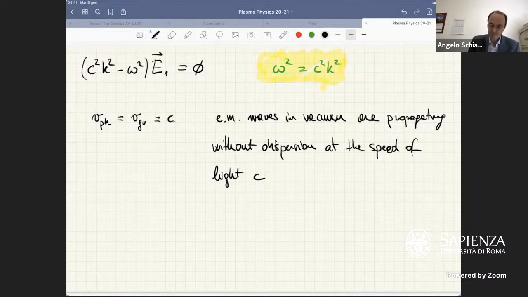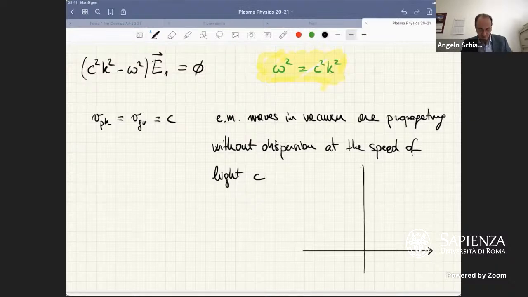Okay. So that's good. We recovered a result that we expected to find. And actually, if we represent our dispersion relation in vacuum, we found that we have the plus ck and minus ck directions.